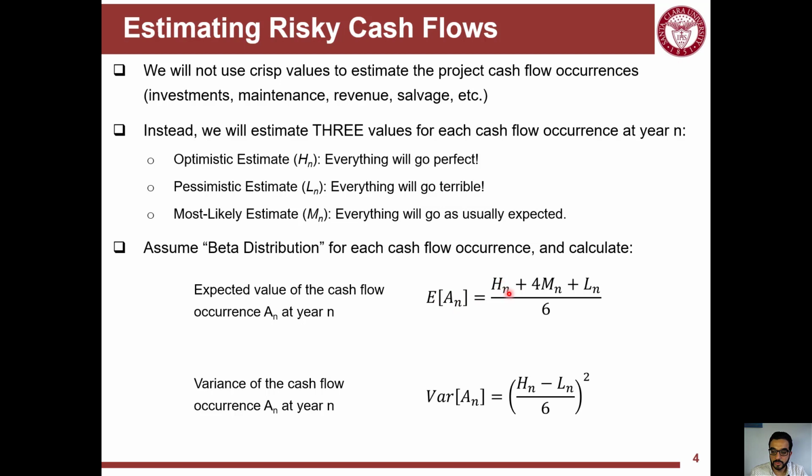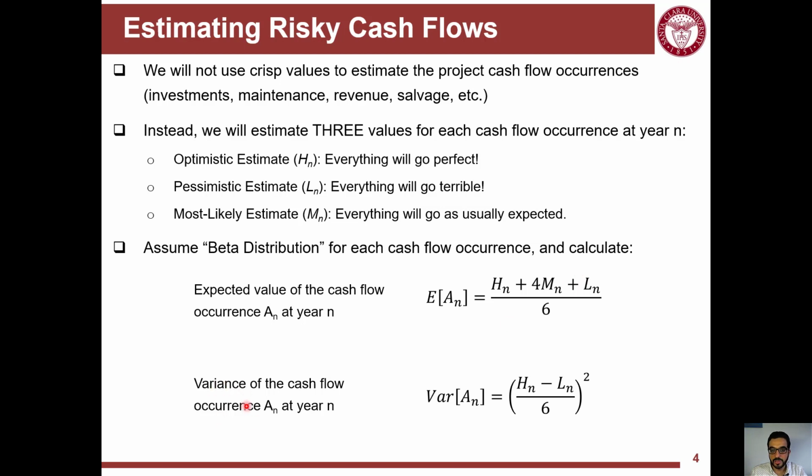The expected value would be equal to this formula: the high, or the optimistic, plus 4 times the most likely, plus the low, or the pessimistic, divided by 6. You can see we're giving 4 times the weight to the most likely estimate compared to the high and the low, or optimistic and pessimistic. That's the expected value, using these 3 entry values for every cash flow occurrence.